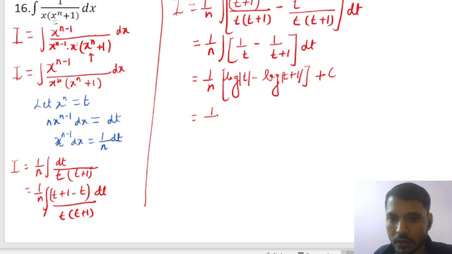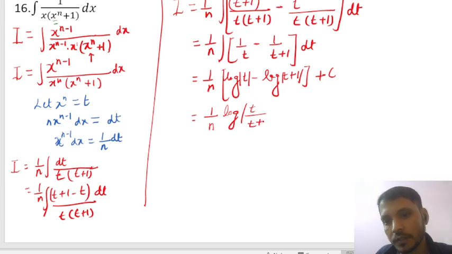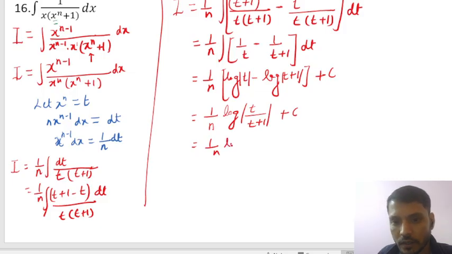So log a minus log b will become log a by b. Means here we can write log of mod t divided by t plus 1. All right, and here plus c. Now replace the value of t. So what is our t here?